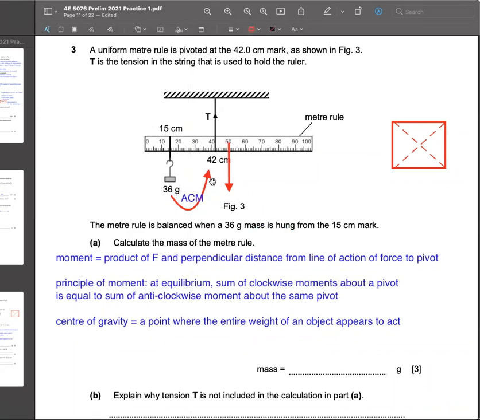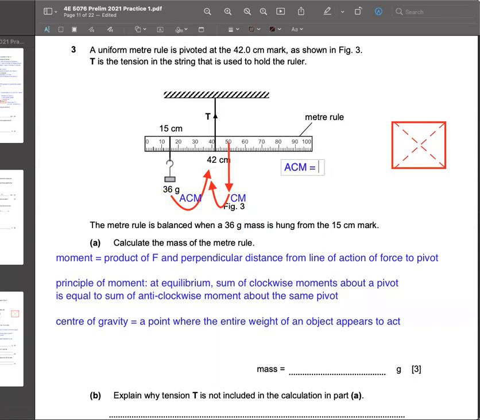Then another one from the weight of the ruler, this is CM. Okay. Do you need to convert 36 gram to weight? No need for this question. Why no need? Because it will cancel out at both sides.